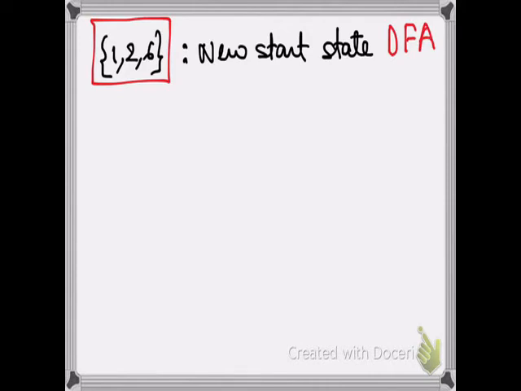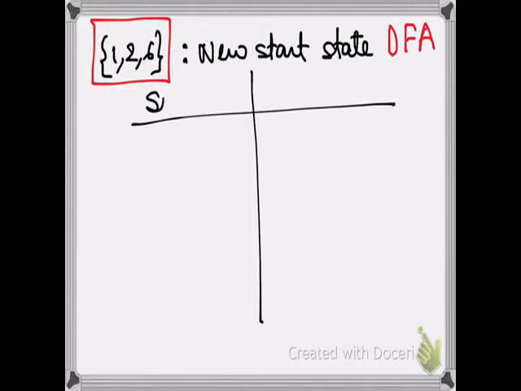Okay. So now in the next step, we are going to create the transition table for the DFA. Let us have a table like this. On this side I have the state.